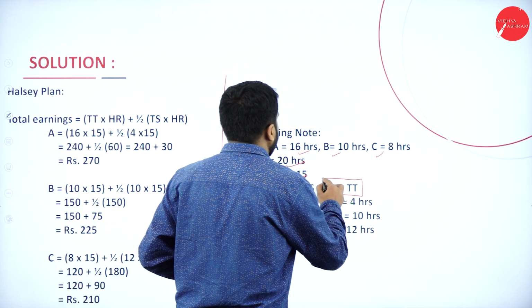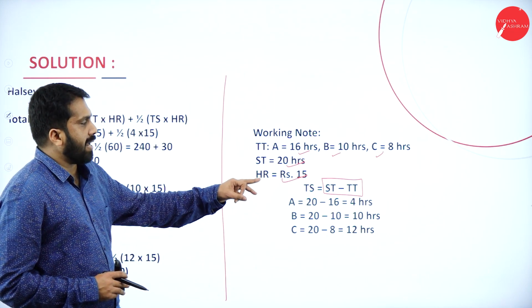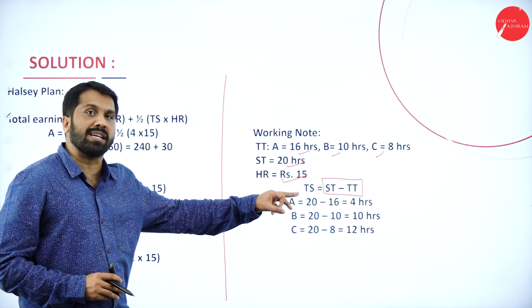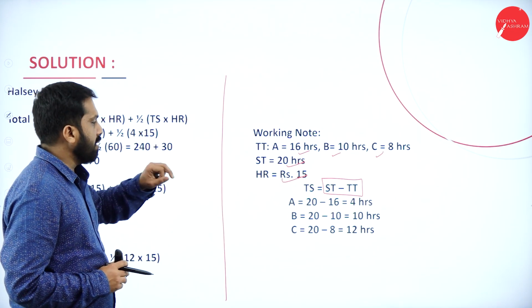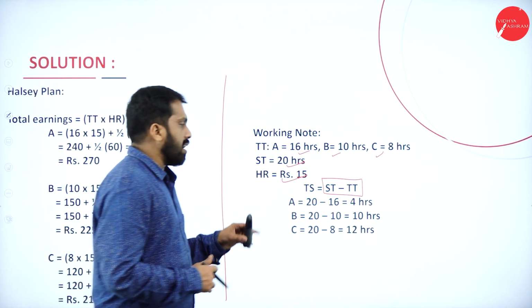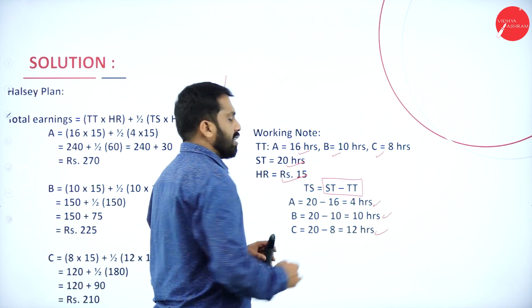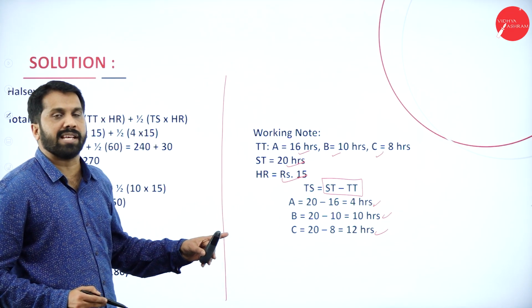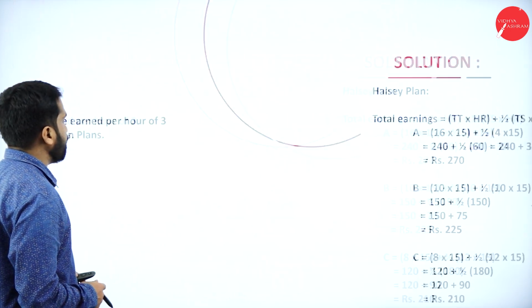Time saved is standard time minus time taken. As per this, how do we calculate? Simple. For A, 20 hours minus 16 is 4. This is 10. This is 12 hours. These are the times saved by each individual worker. I'll go back to this.